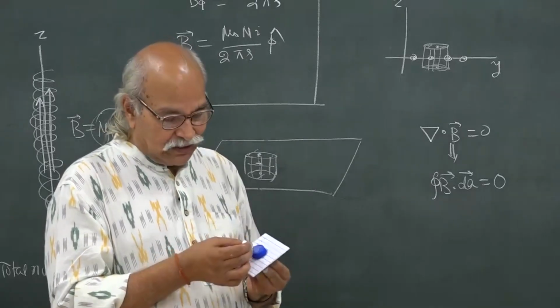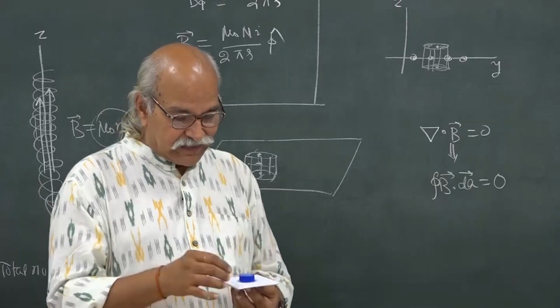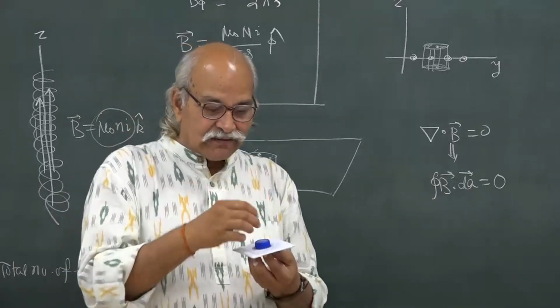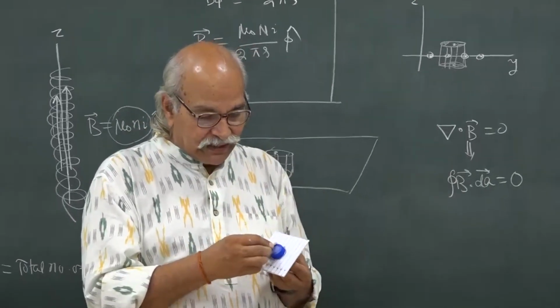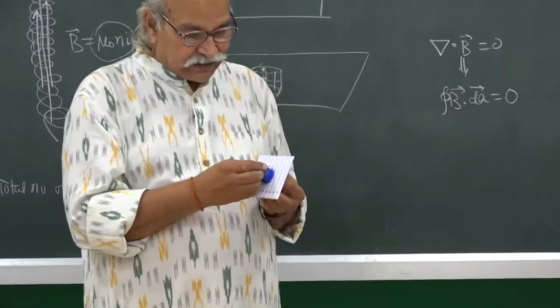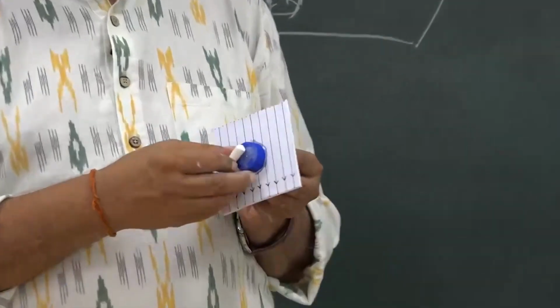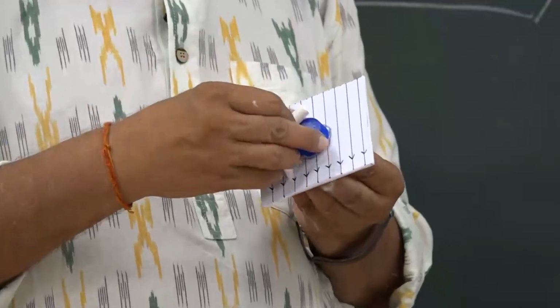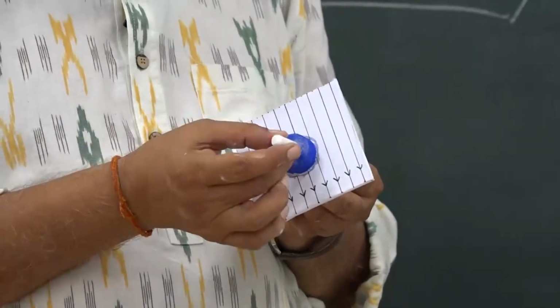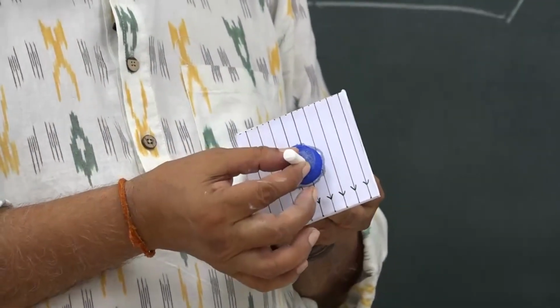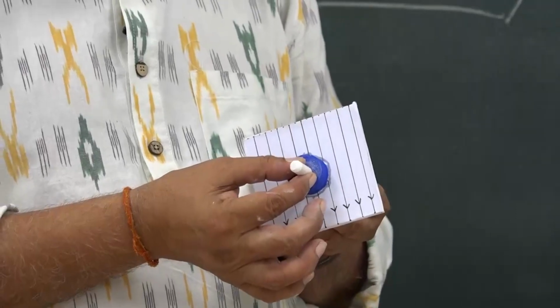Okay. Let us call this side as side 1. So, this is side 1 and this side is side 2. So, on side 1, this outward normal is the direction of this dA vector.